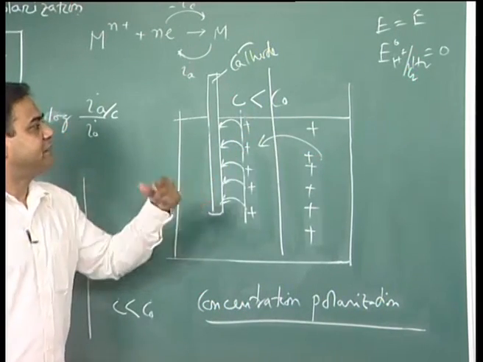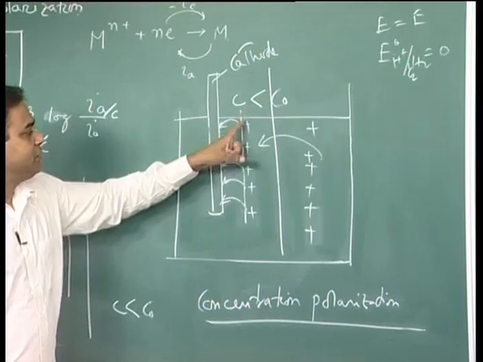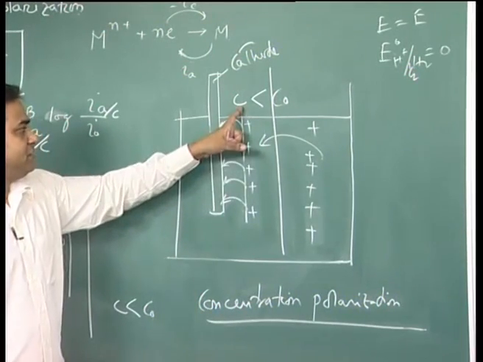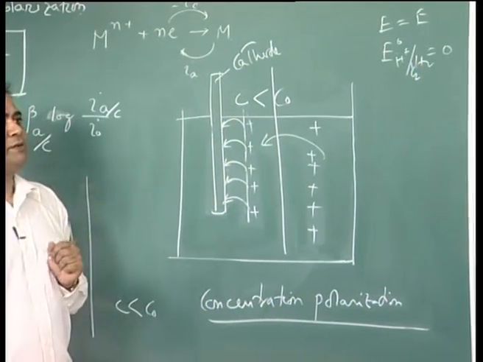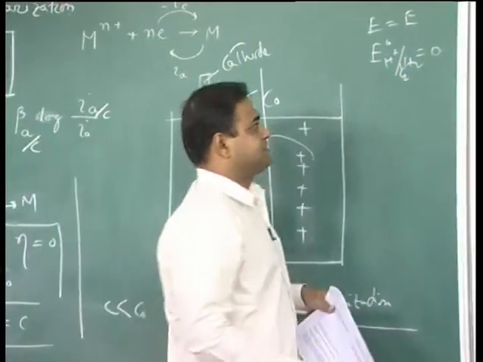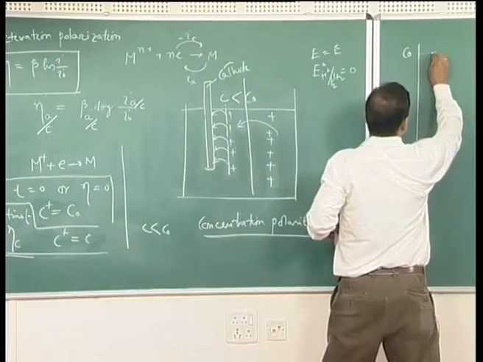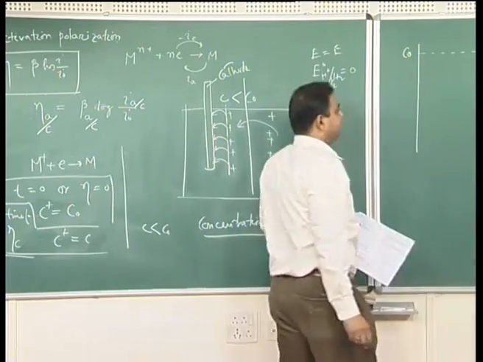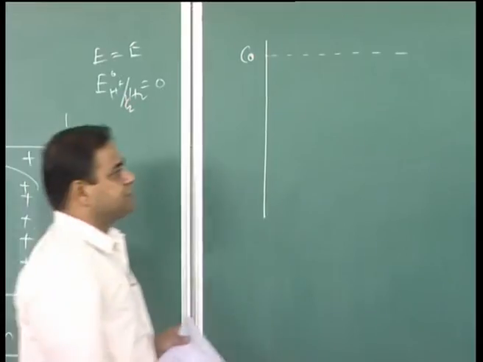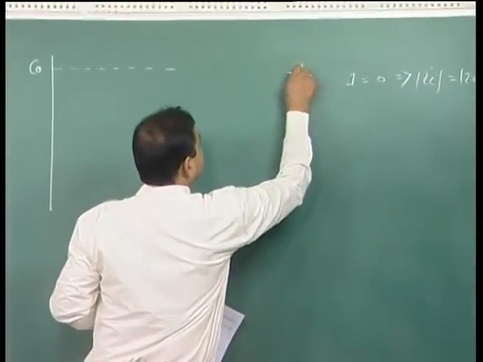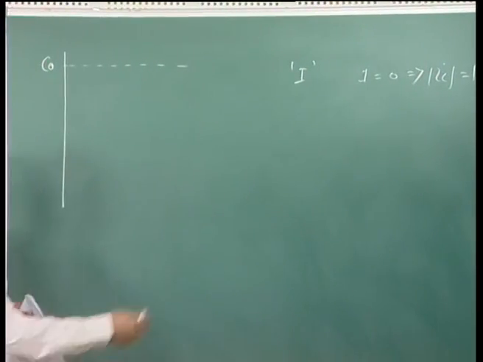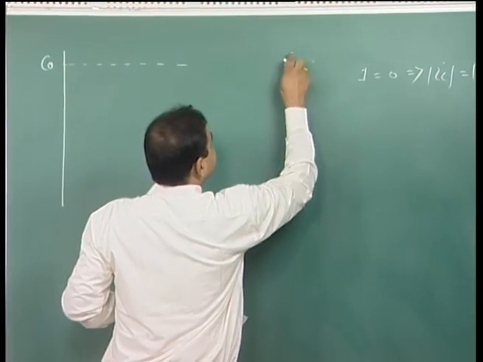So, I have a depletion of metal charge at the metal surface, the cathodic surface. So, this is my concentration when I equal to 0. This is my condition, or case 1.